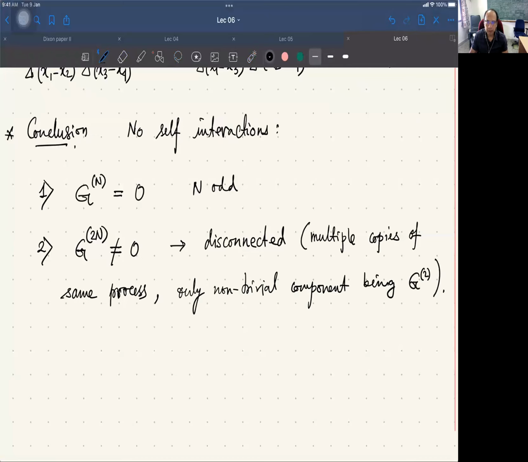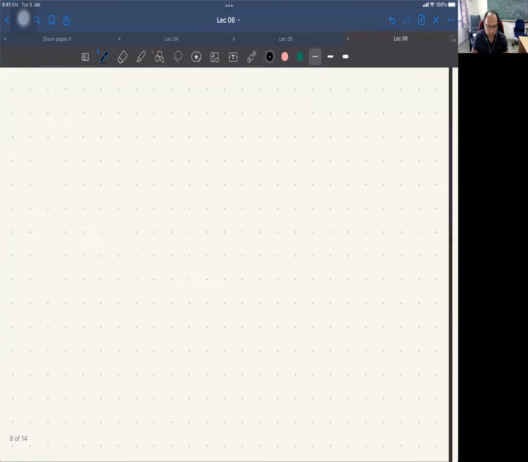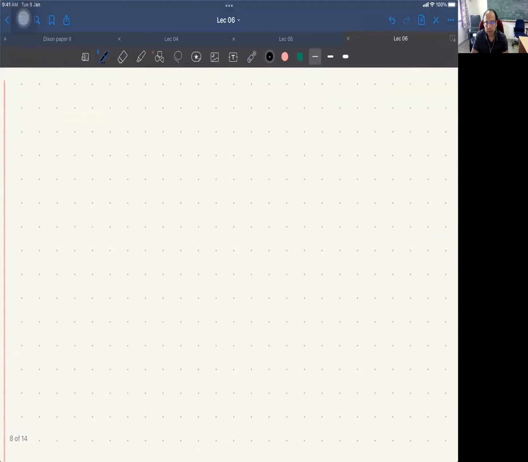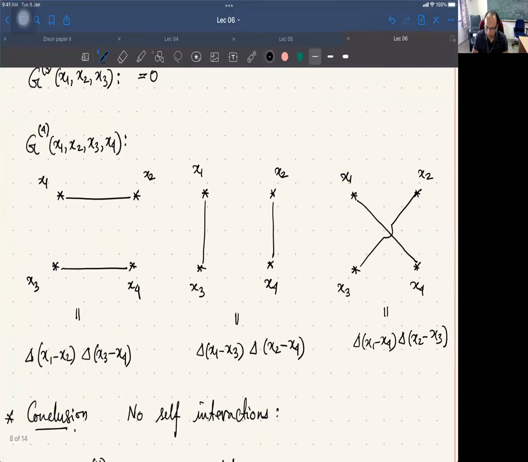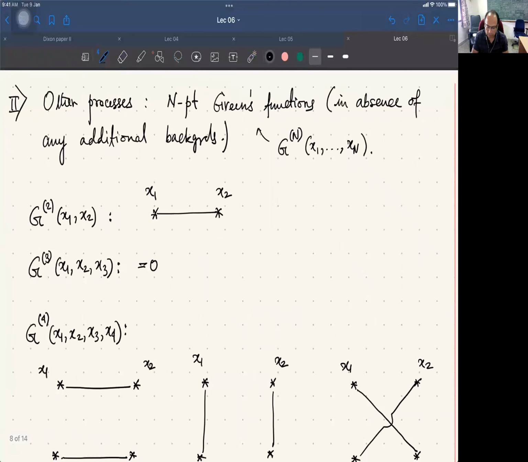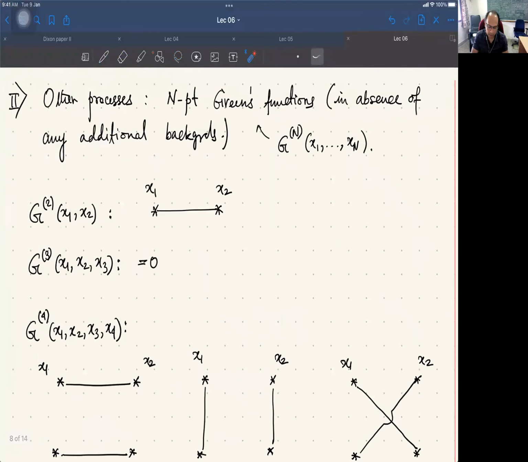Okay, so the view that we are going to take is that, so this is what the worldline theory described so far describes, I mean, in terms of processes or computations, because we have decided to not look at non-trivial backgrounds, and therefore insertions are not counted.